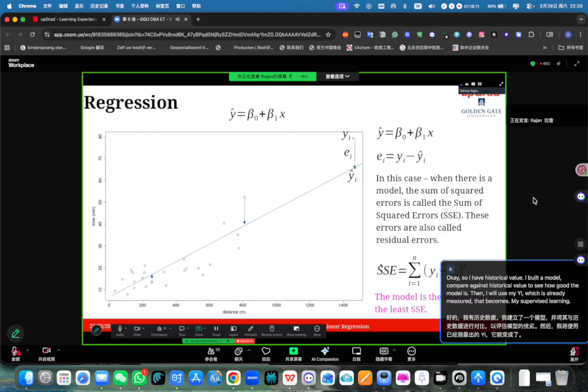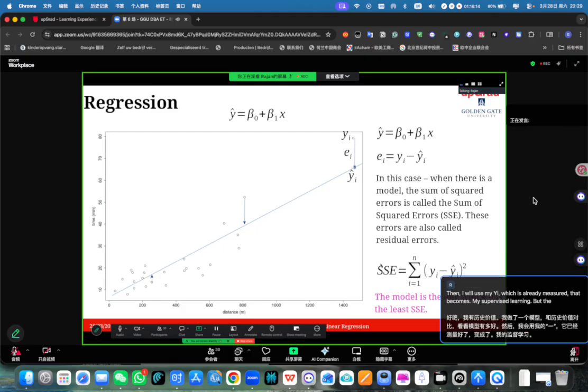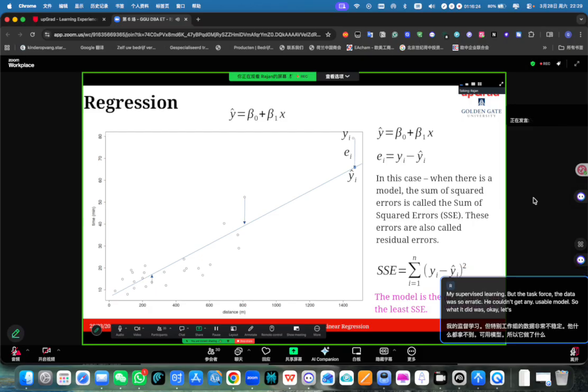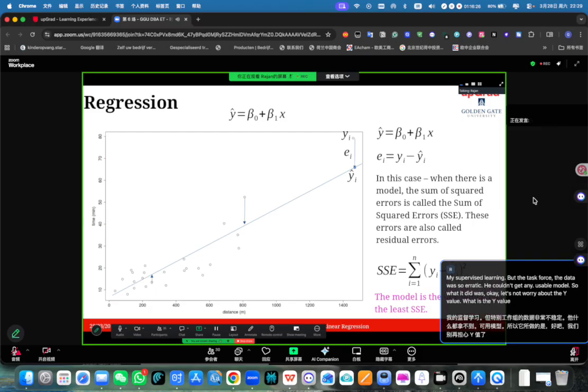But the data was so erratic, we couldn't get any usable model. So what I did was, okay, let's not worry about the y value. What is the y value? Total sales. Let's look at whether there are any products that are similar.